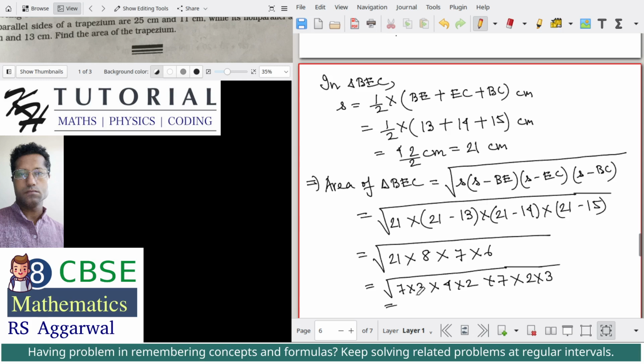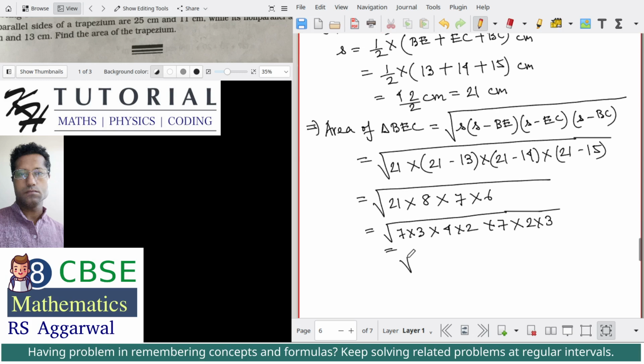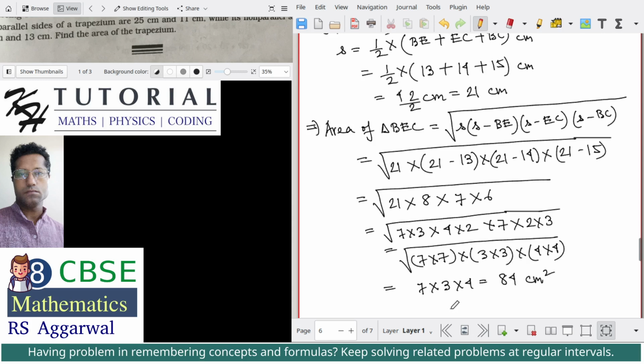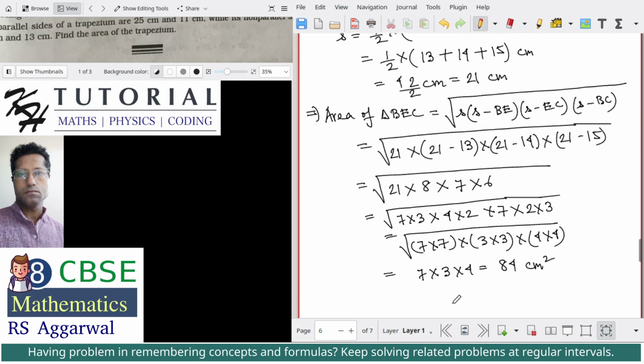So this is equal to 7 into 7, then 3 into 3, and finally 4 into 4. So this is equal to 7 into 3 into 4, which is 84 centimeter square. So the area of the triangle BEC is 84 centimeter square.